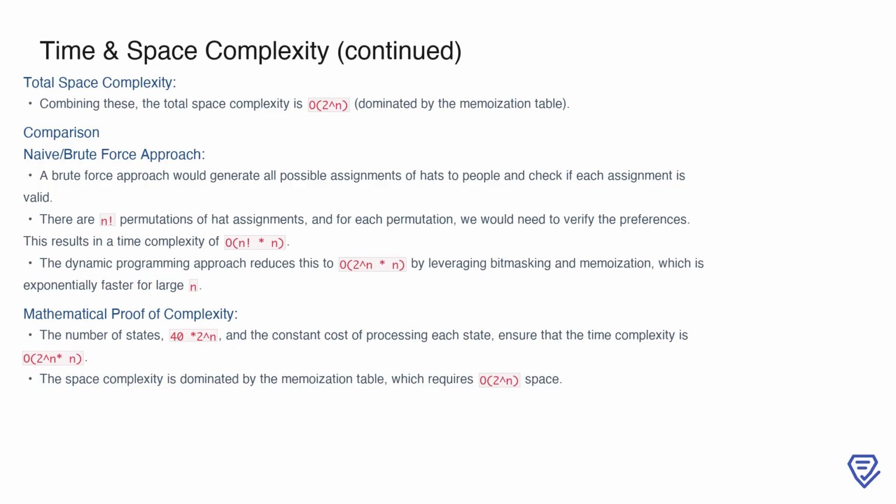In contrast, the dynamic programming approach significantly reduces the complexity to 2^n * n by using bit masking and memoization to avoid redundant calculations. This makes it exponentially faster for larger values of n. The mathematical proof of this complexity stems from the fact that we only process 40*2^n states, and each state takes time proportional to k to compute.